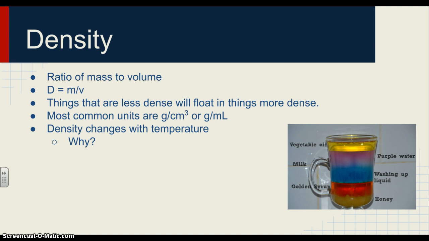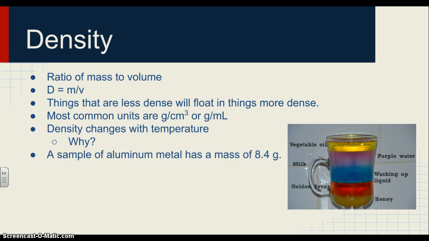The volume is actually changing in objects with temperature. As a room gets warmer, the objects in the room get warmer, and they actually increase their size. Some of them a lot, some of them a little bit, but that size is going to change, so that will change the volume, but the mass would stay the same, so the density would change.